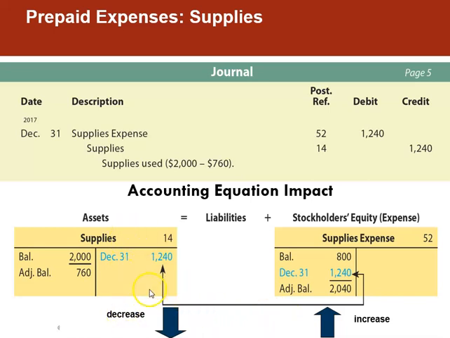Assets have gone down. Expenses have gone up. So the overall impact on owner's equity, anytime you have an expense, is negative for stockholders' equity. This up arrow again is for the expense itself.